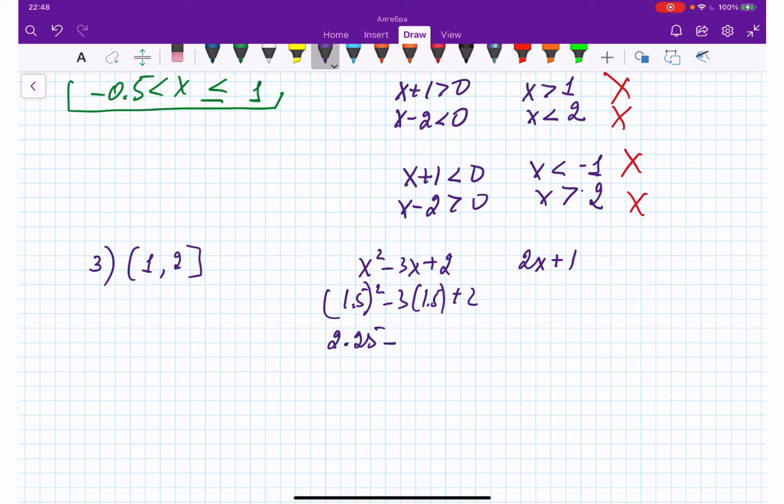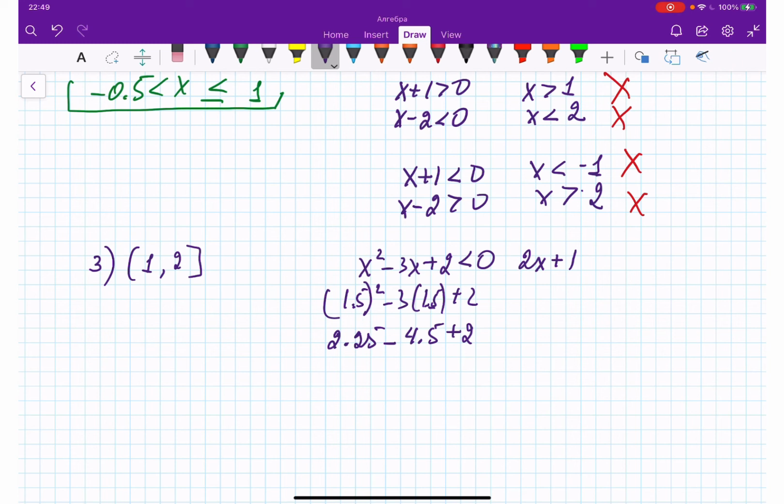This is going to be 3 times 1.5, negative 4.5, and plus 2. Yes, we are going to get less than. Actually, 0 I would also count as less than, because 0 is not a positive number, it's not greater than 0, so you could consider it as less than. But we got this way, it's not a big deal.